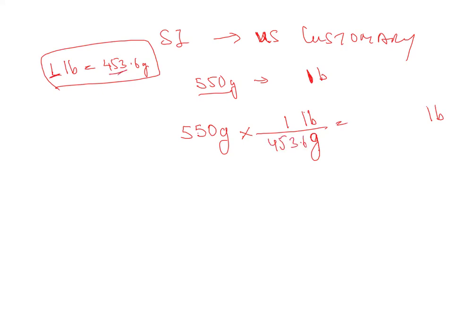Then you take this ratio, 1 pound over 453.6 grams. So you divide 550 by 453.6, and you get 1.21.